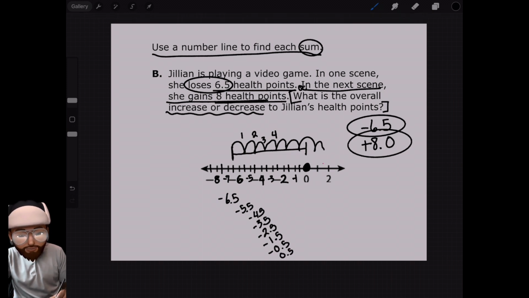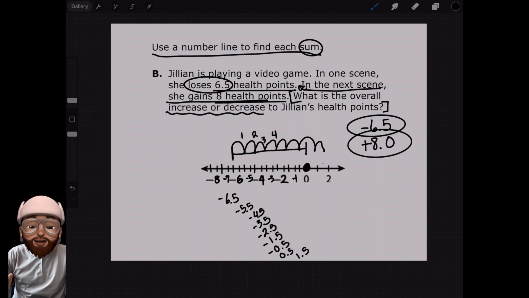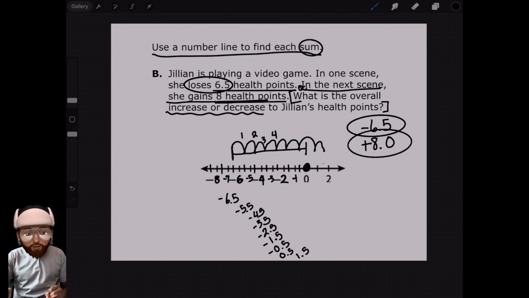And on our 8th jump, we have made it all the way to 1.5. All right, now that we've made the 8 jumps, we can see that now we went from a negative 6.5 to we are currently at 1.5.